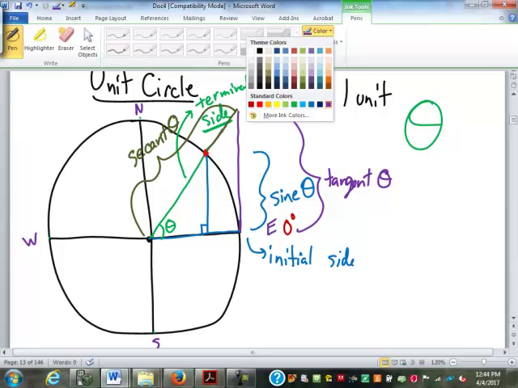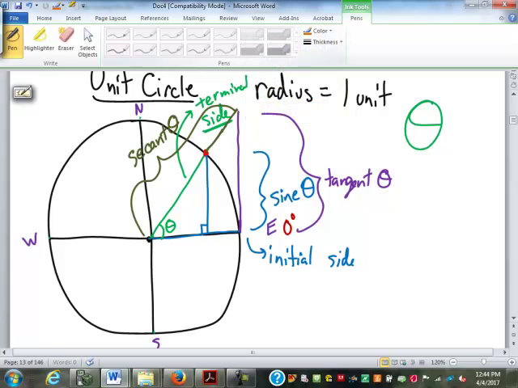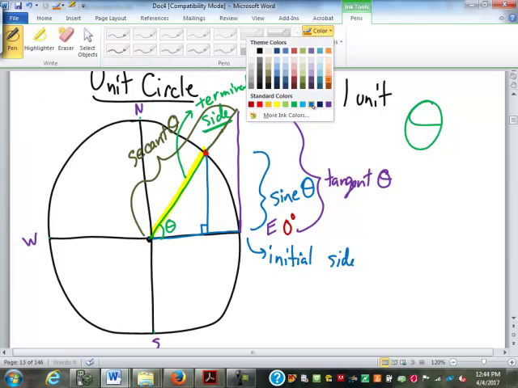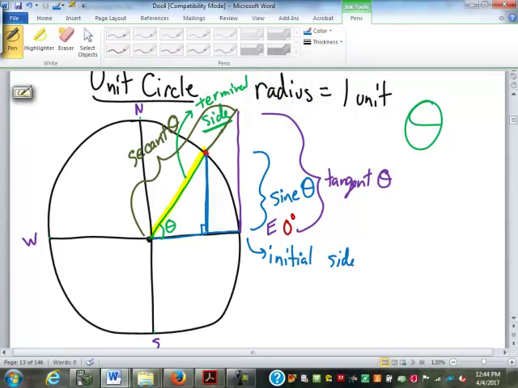Now, one thing you will notice here, this is a unit circle with a radius equal to 1. So this length right here is 1. So what that's telling us is that the length of the sine right here can never be larger than 1.